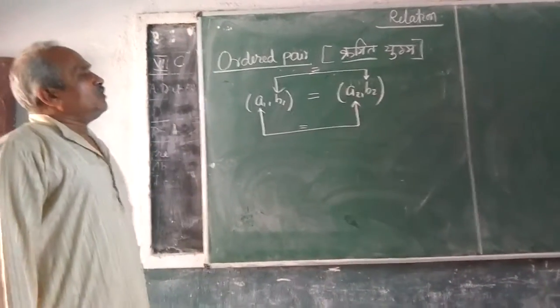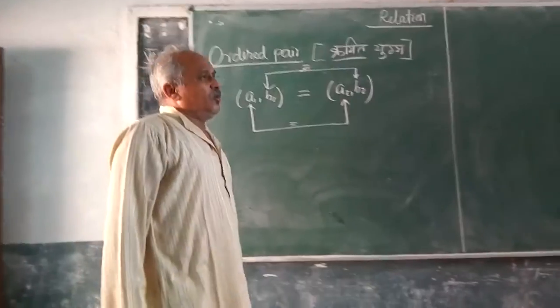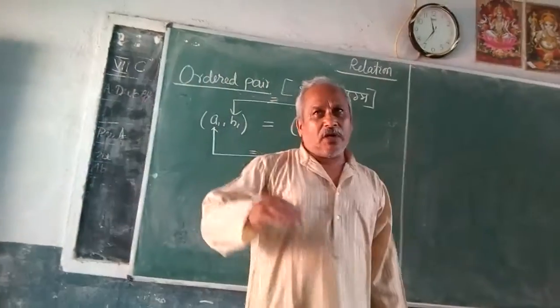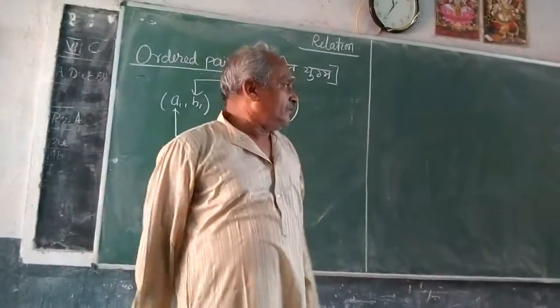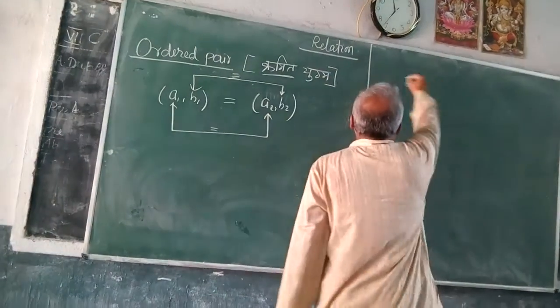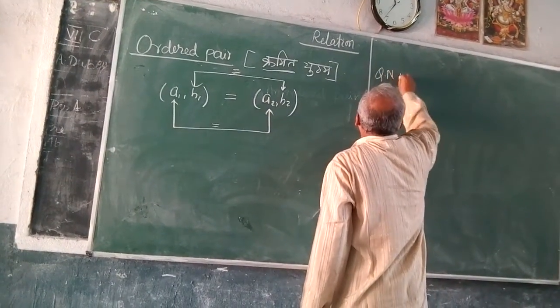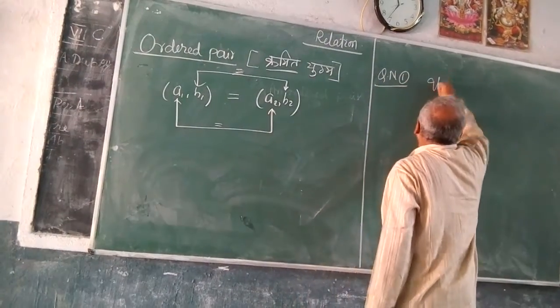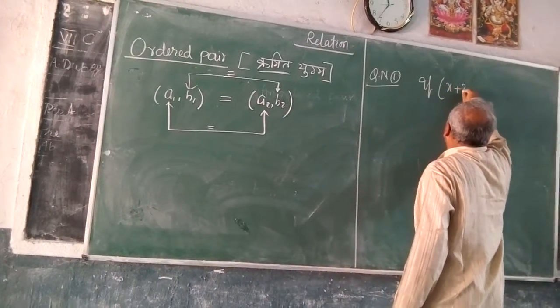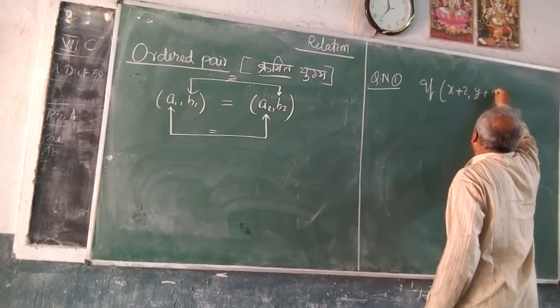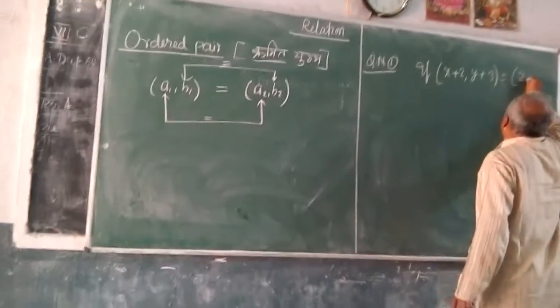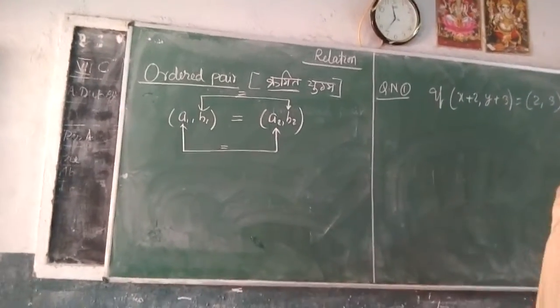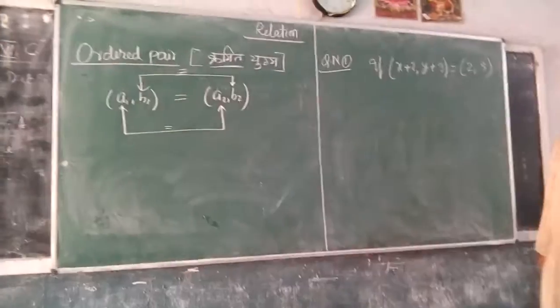Now, there are several questions, and you will get questions of different levels here. Suppose question number 1: if (x plus 2, y plus 3) equals (2, 3), find the values of x and y.